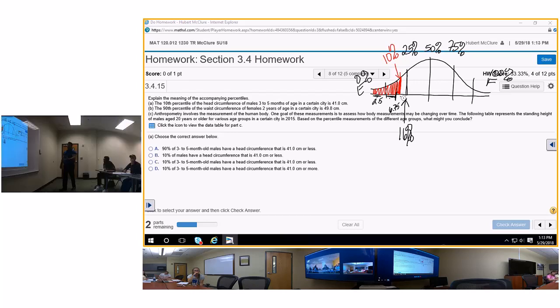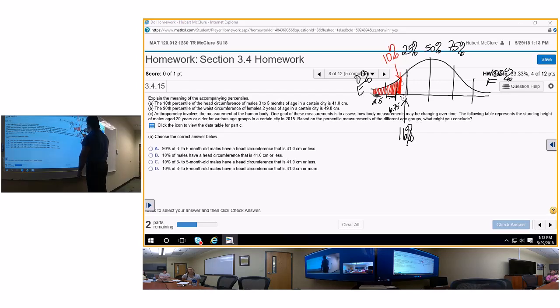This makes up the lower what? 10% of the population. So what's to the right of that red line? The upper what? What kind of percentile? The 90th. Okay, the 90% is on the right, the 10% is on the left. So this red line right here represents the 10th what? Percentile. That's what that means.